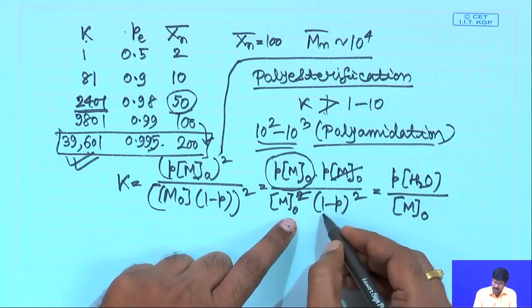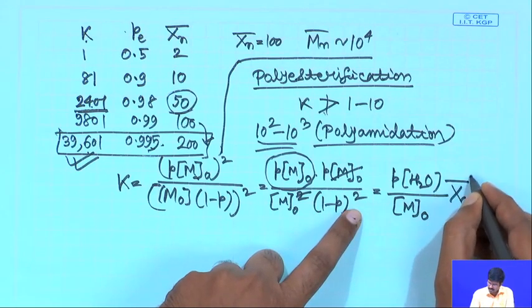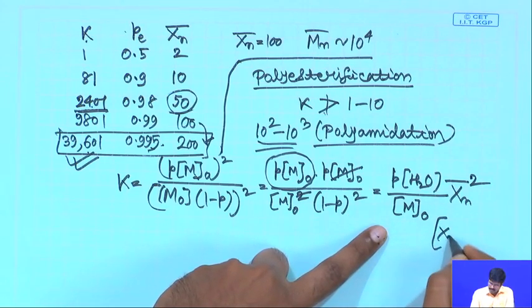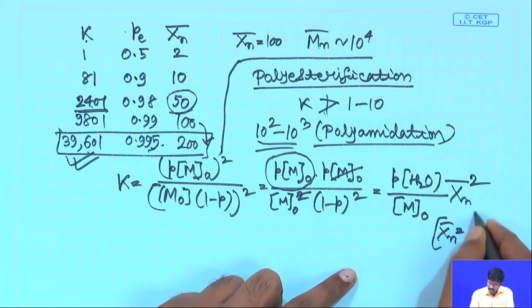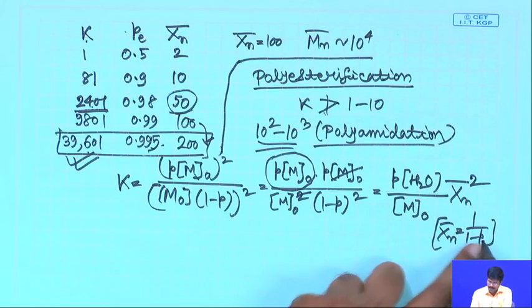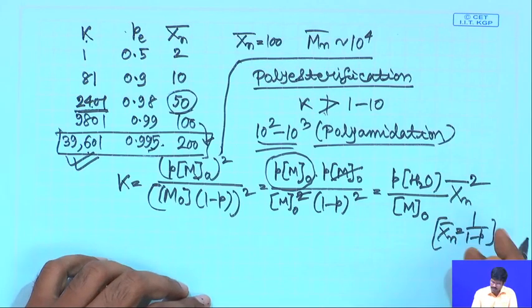and 1 divided by (1 minus p) whole square is nothing but Xn bar square, Carothers equation, you already derived that. Now, you know your Xn bar is equal to 1 divided by (1 minus p). So, correspondingly you can derive the expression of p in terms of Xn bar, which is nothing but (Xn bar minus 1) divided by Xn bar.